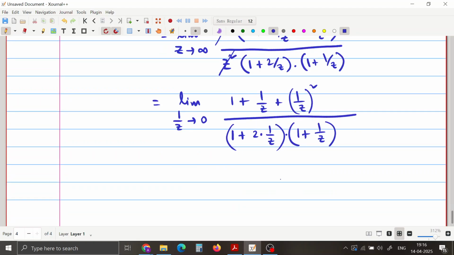And now I can directly substitute 1 by z equals 0 here. So I'll get 1 plus 0 plus 0 in the numerator, and 1 plus 0 times 1 plus 0 in the denominator, that is basically 1.